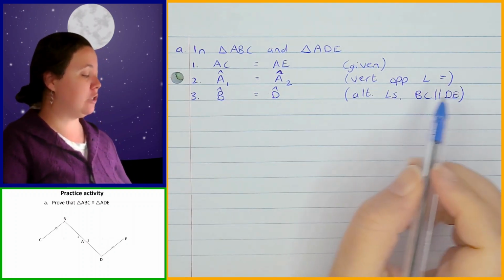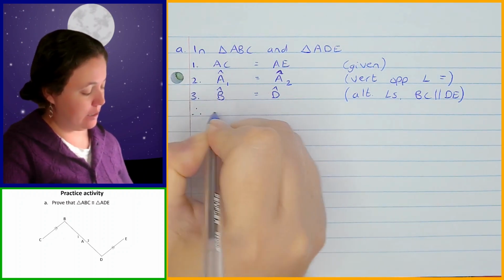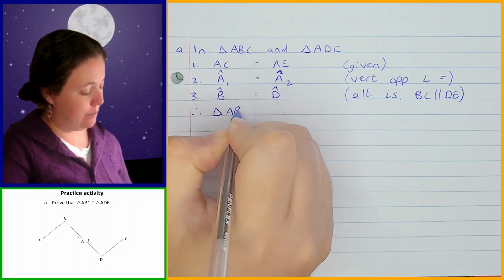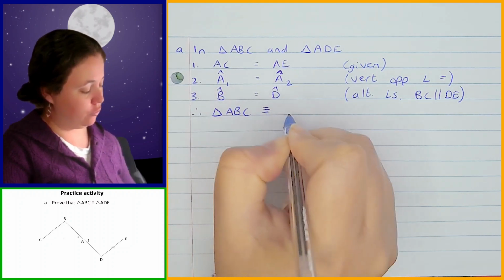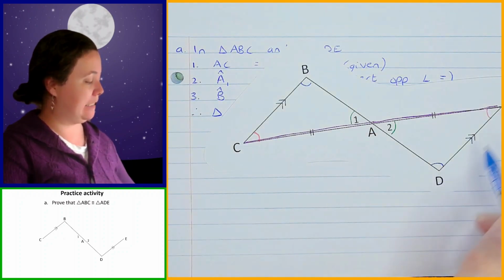Okay, so now because I've got a pair of sides and two pairs of angles that are equal to each other, I can now say, therefore, triangle ABC is congruent to triangle ADE.